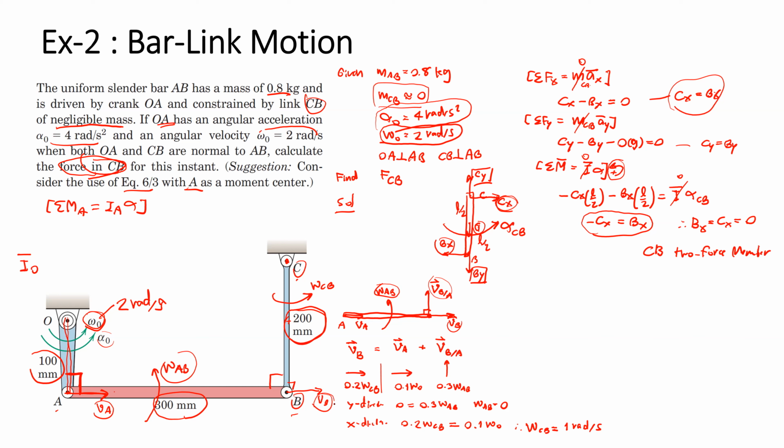VB is also only in the horizontal direction, because this is constrained at point C, and this length cannot change, it is a constant radius motion. The velocity at point B here can only have horizontal velocity. And VA and VB are equal for the horizontal direction.